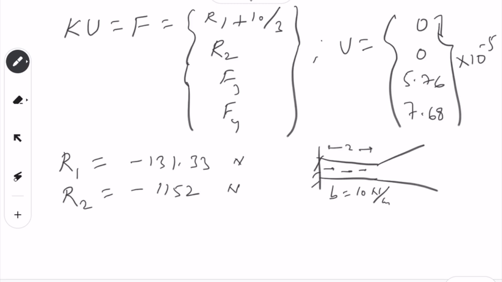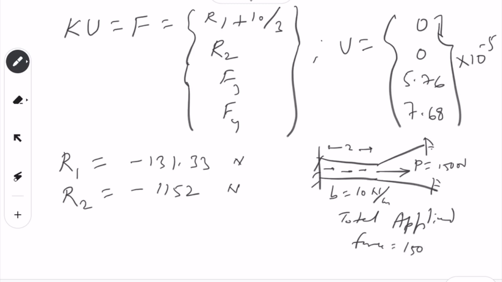So total force because of the body force becomes 10 times 2, that's 20 Newton, and then you have a concentrated load here, which is P equal to 150 Newton. That means total applied force will be equal to 150 plus 10 times 2. So that makes it 170 Newton total.